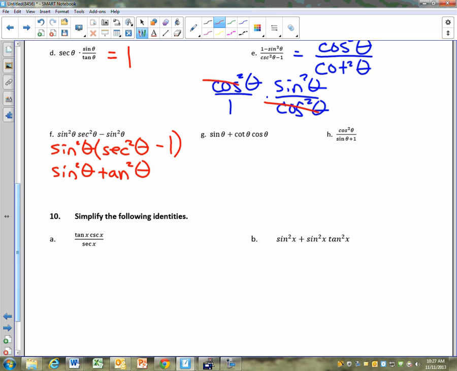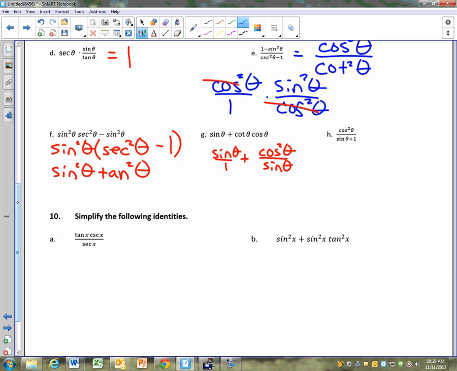Anybody get G? Sine of theta over 1 plus cotangent, which is cosine over sine. So you're going to have cosine squared over sine, because you have cosine over sine times cosine, which is cosine squared.